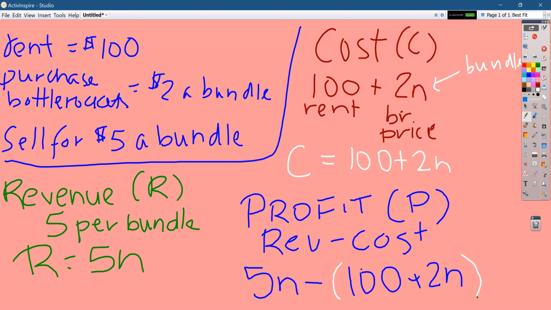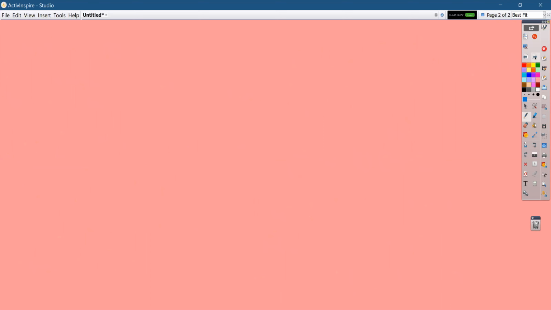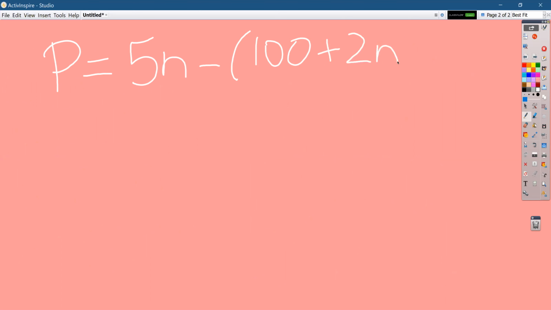So let's take a minute and look at this. Our profit is equal to 5N minus the rent plus how much Johnny had to spend for his bottle rockets in the first place.